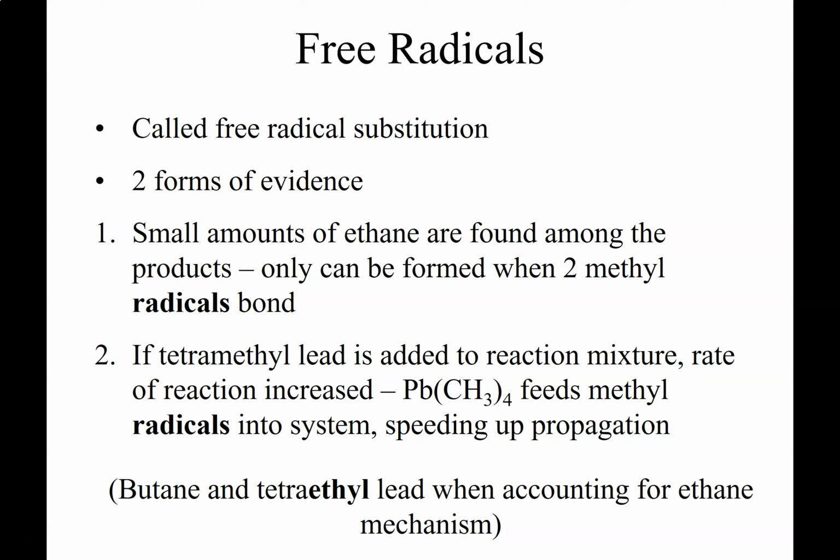That can only be formed when two methyl radicals bond together, so CH3 plus CH3 forms C2H6, which is your alkane. Also, if tetramethyl lead is added to the reaction mixture, the rate of reaction increases. That gives more methyl free radicals into the system, so it speeds up your propagation stage.